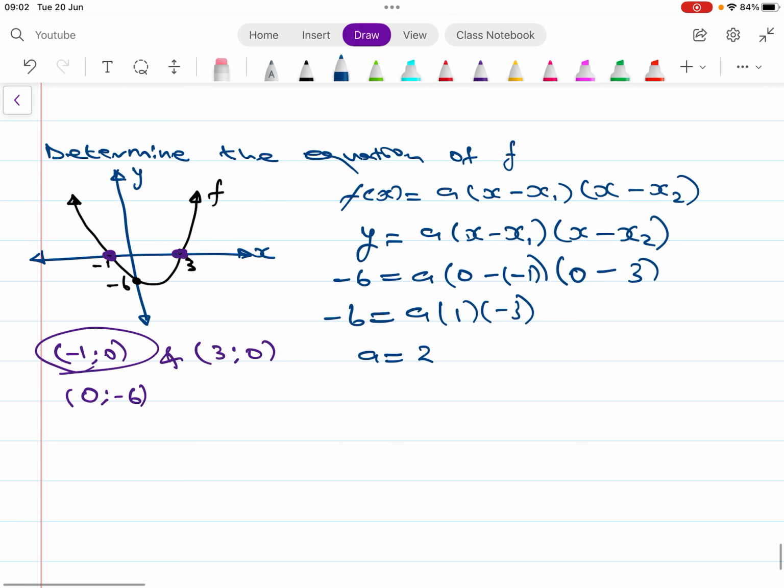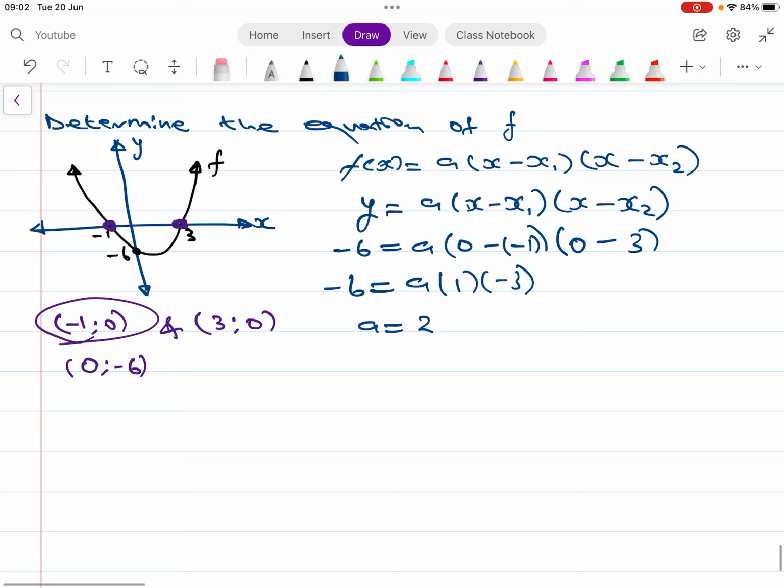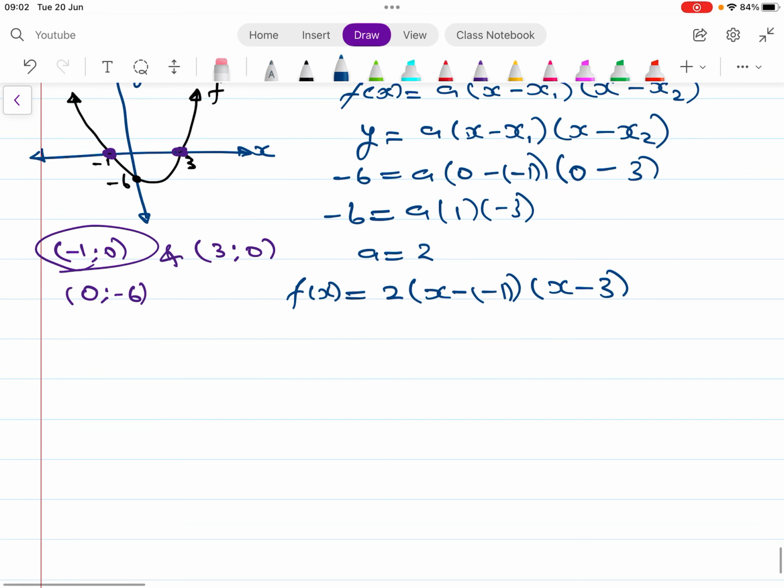So now I can write the equation as f of x equal to 2 into x minus x1. x1 is -1, and then x minus x2, which is 3. And now I'm just going to simplify x plus 1 and x minus 3, and then multiply out.